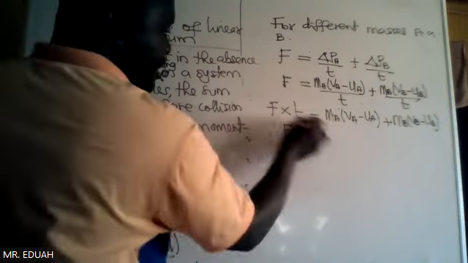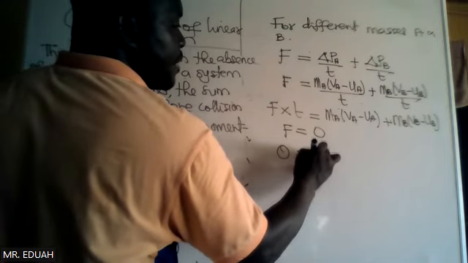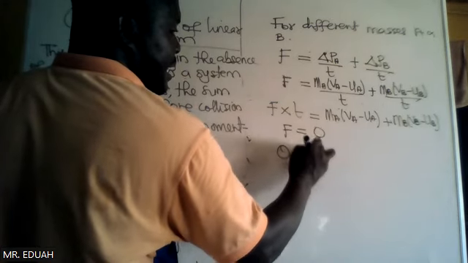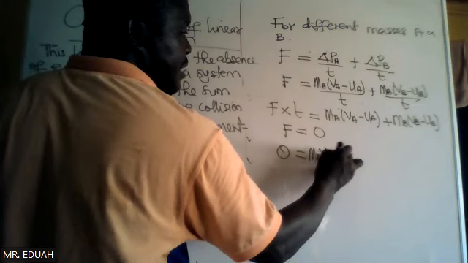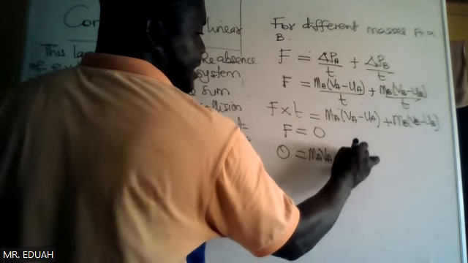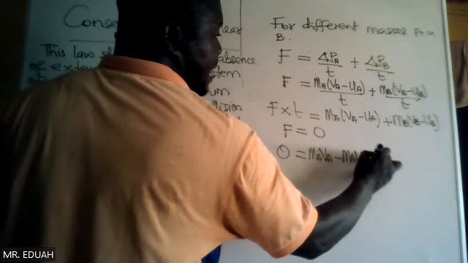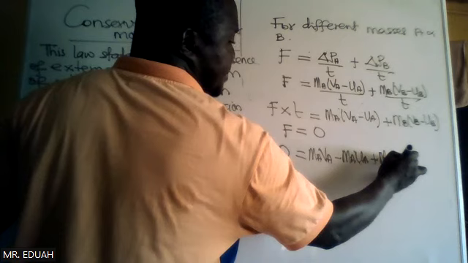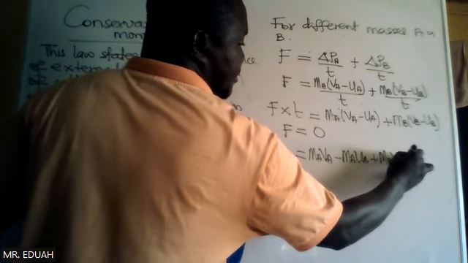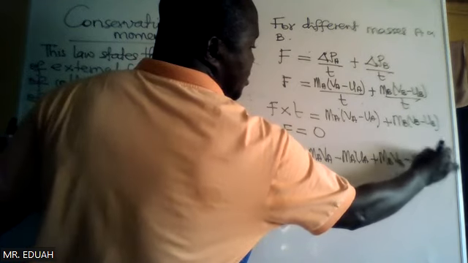we have 0 is equal to, let's expand, MA VA minus MA UA plus MB VB minus MB UB.